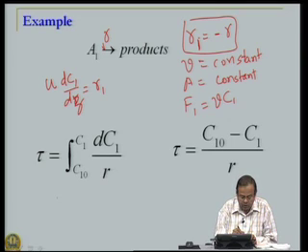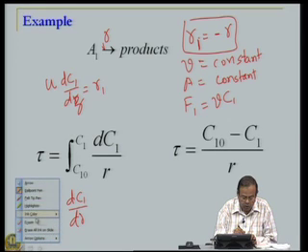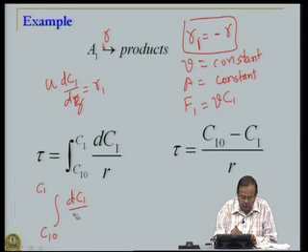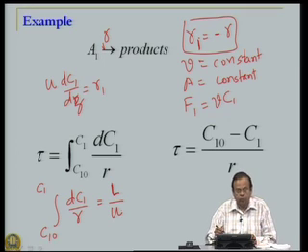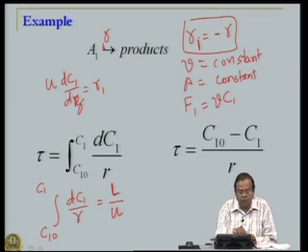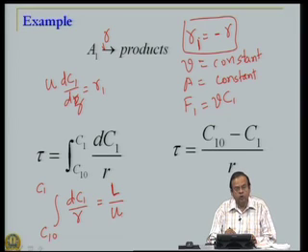If we rearrange this, we will get the integral from C10 to C1 of 1 over R dC1 equal to L by U. L is the length of our tubular reactor, U is the superficial velocity.